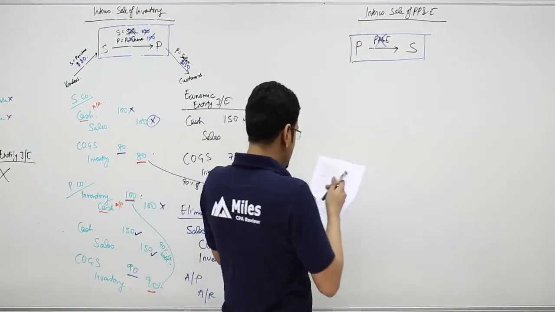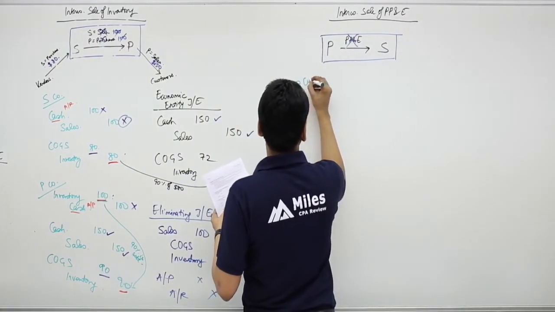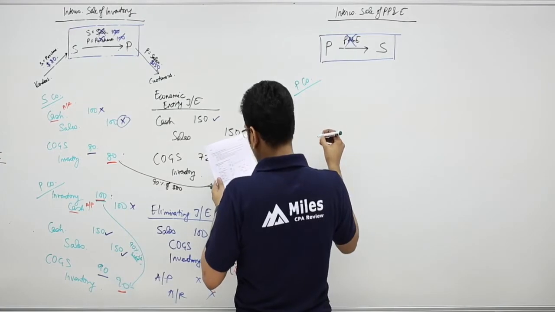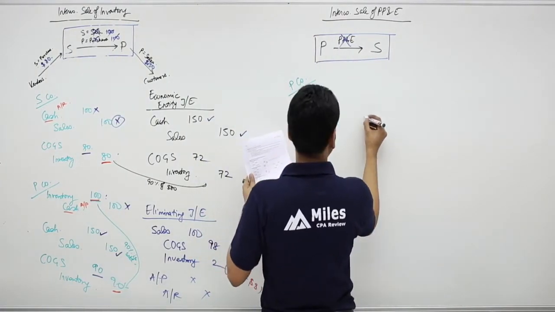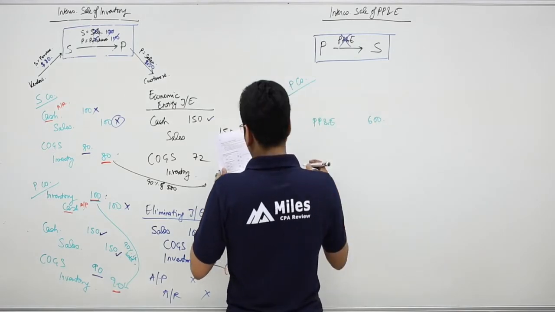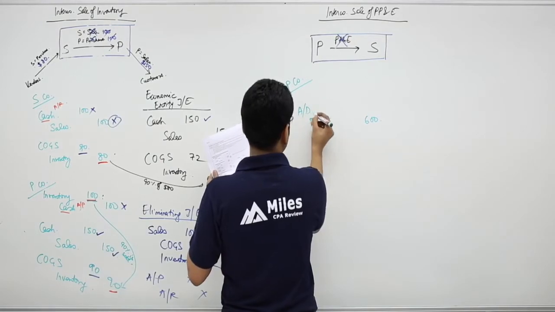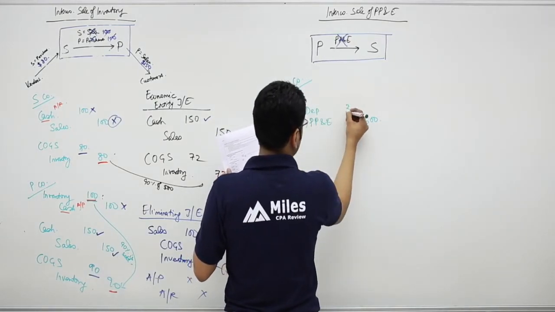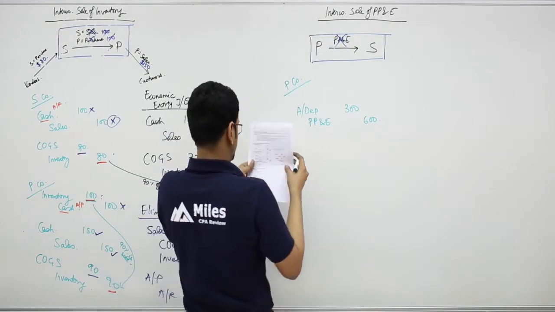So guys, let's look at what were the journal entries in the books of P company, the seller of the PP&E. They sold PP&E which had historical cost of $600 and the book value was 300 because they had accumulated depreciation of 300. So this went off the parent's books.